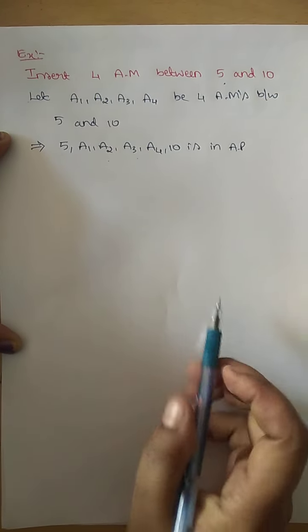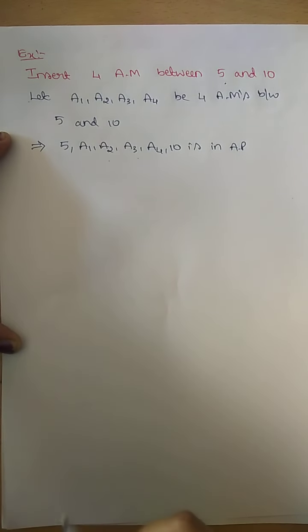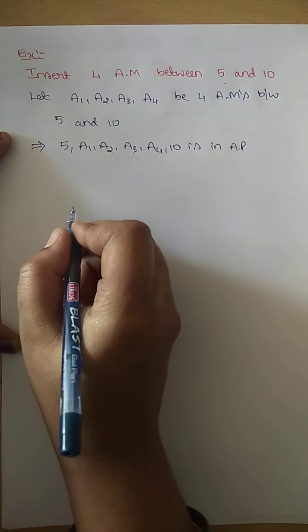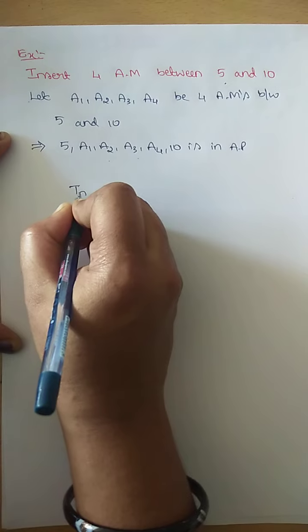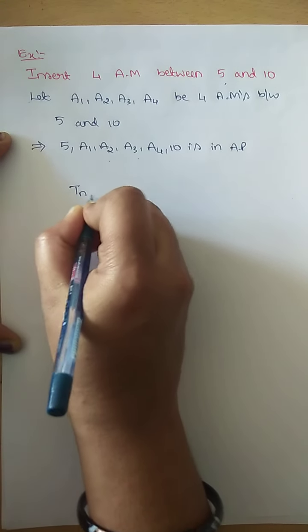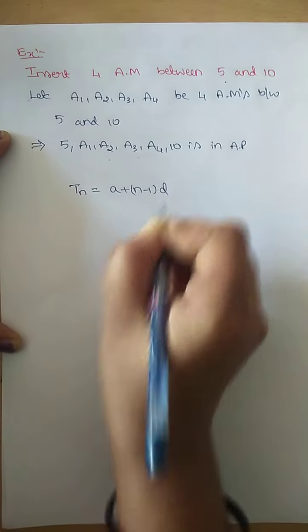Now, in order to find these arithmetic means, first we should find the value of the common difference, small d. What is the formula to find the nth term? The nth term of an AP is given by Tn equal to a plus (n minus 1) into d.